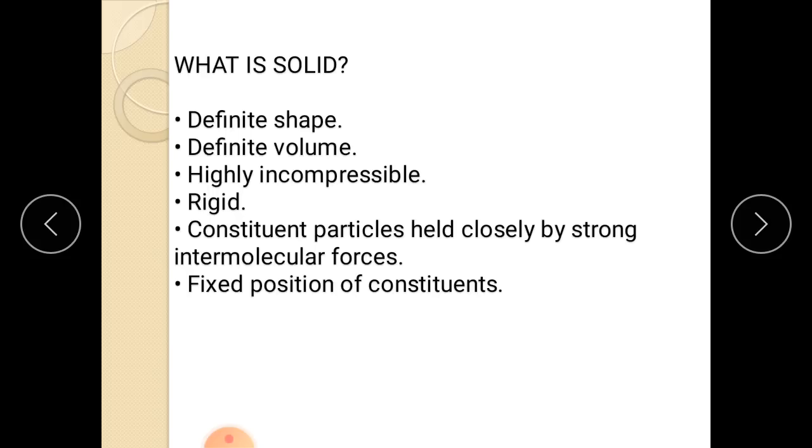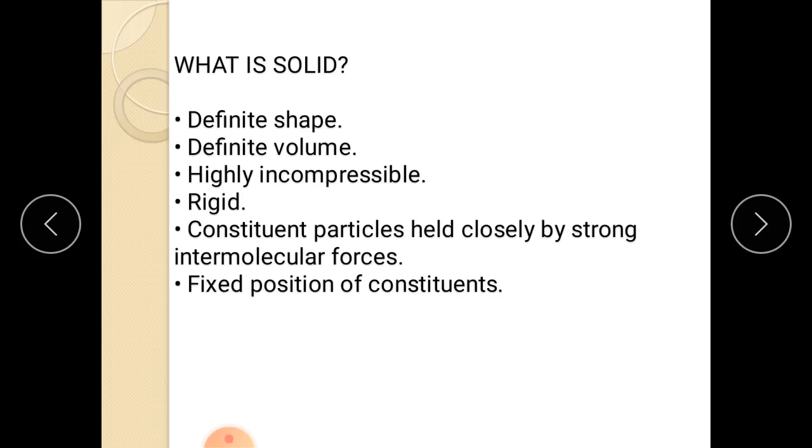What is solid? As we know, it is one of the states of matter which has mass and occupies space. We know the 3 states of matter: gas, liquid and solid. In gaseous state, the atoms or molecules are separated from each other by comparatively large distances and are haphazardly arranged.